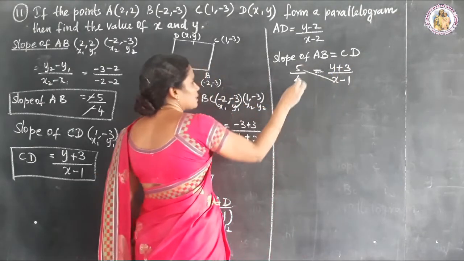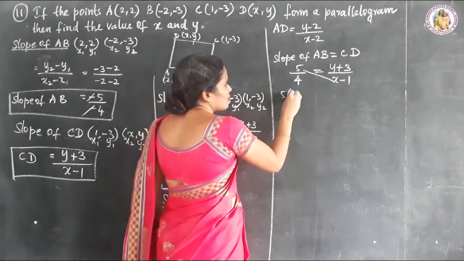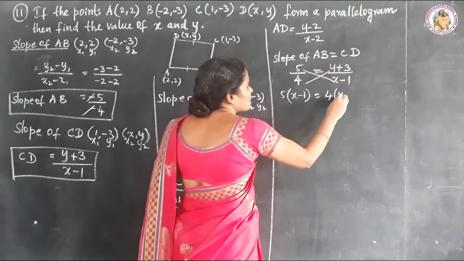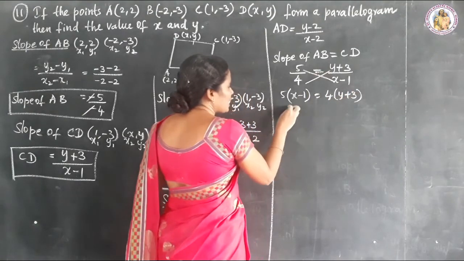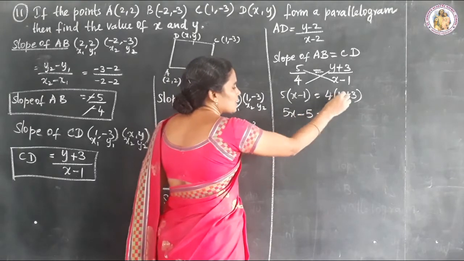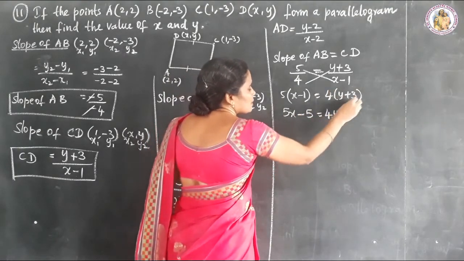Now cross multiply: 5 within bracket x minus 1 is equal to 4 within bracket y plus 3. So 5x minus 5 is equal to 4y plus 12.